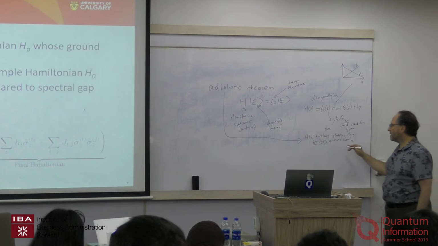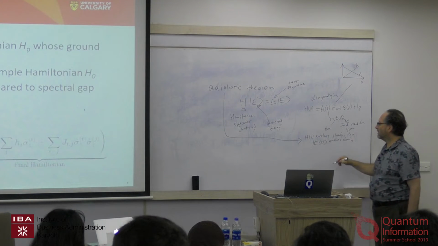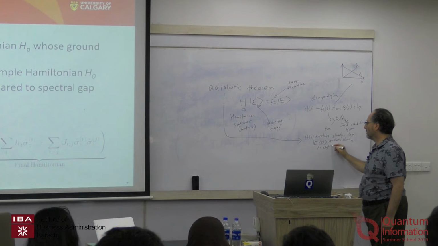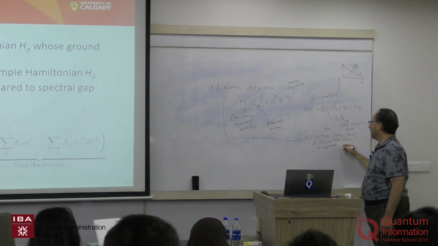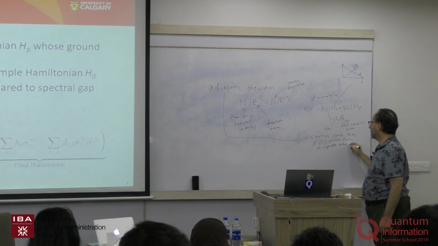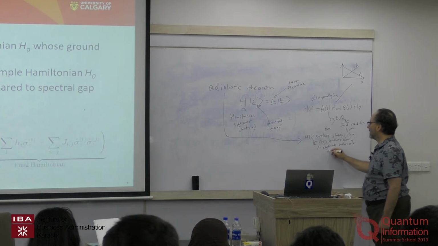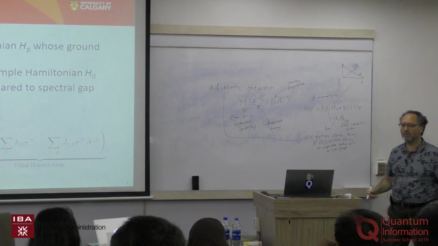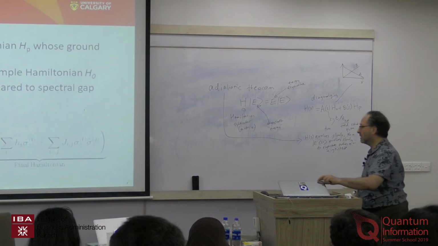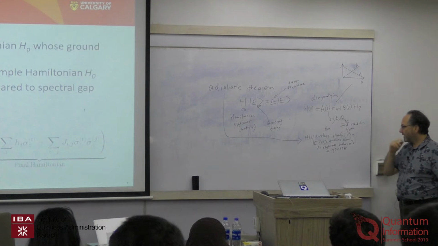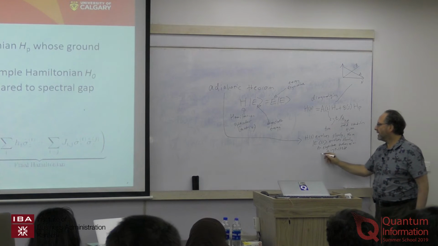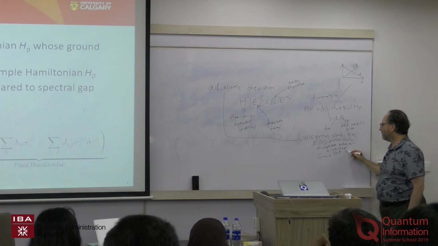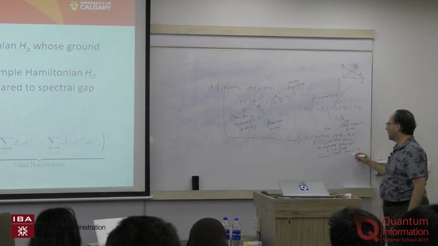And what it tells us is that an eigenstate evolves as an eigenstate. Is that visible? So as an eigenstate. And then most importantly, the ground state remains a ground state.